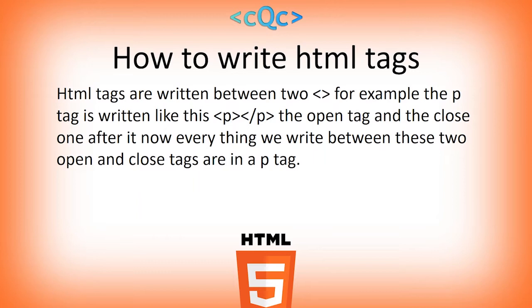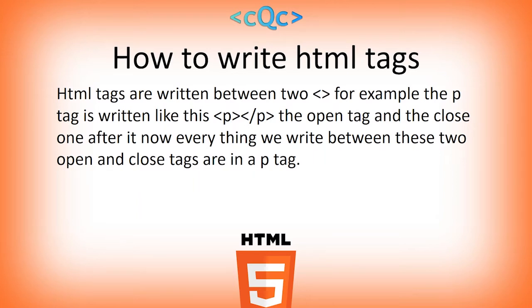For example, the P tag, which stands for paragraph tag, is written like this: less than, P, greater than, less than, slash P, greater than. That second part is the closing one. The first tag is the opening tag, and the next one is the closing tag. Like this, the open tag and the close tag after it.